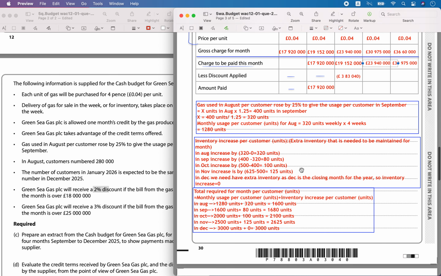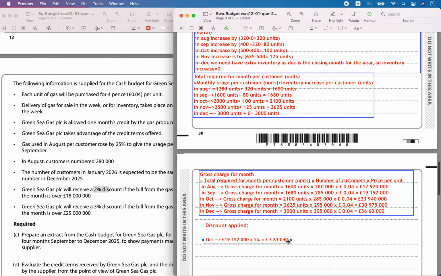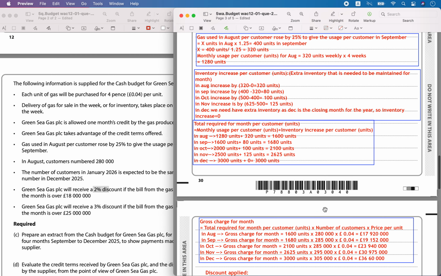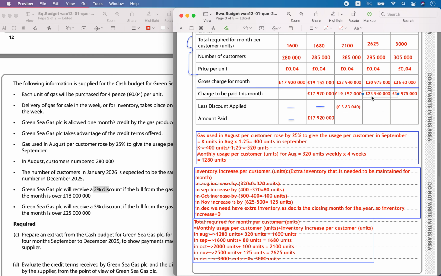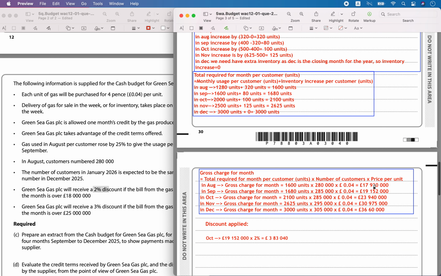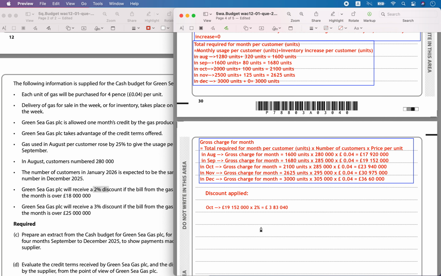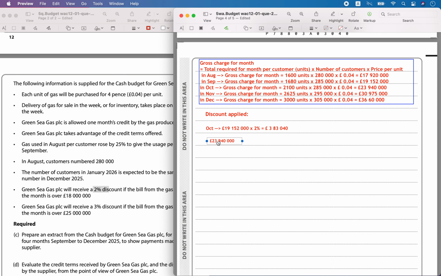Now we can see that for the next month also they will get a 2% discount, because it's exceeding 18 million, but it's not reaching 25 million. It is less than that. So they will still get only 2% discount. So for the month of November, they had to pay 23,940,000, but it is greater than 18 million.